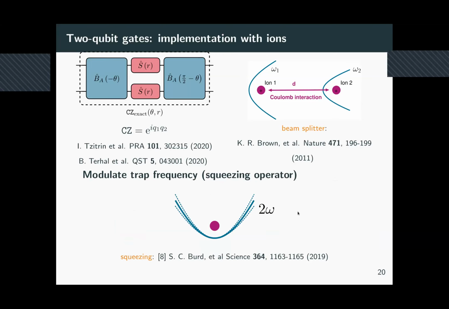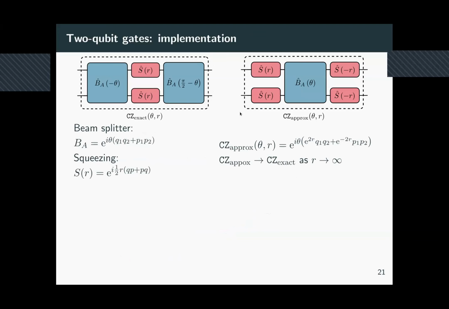But it turns out that there's also some recent work showing that there is a way to do this squeezing operator by essentially modulating your trap at twice the frequency of the oscillator. And so then this provides some sort of a route to do the 2-qubit gate. And then to go further, we considered an alternative decomposition of this 2-qubit gate.